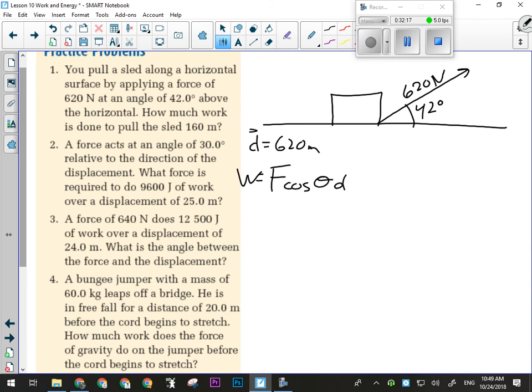So this is where that whole work equals F cos theta times d comes in. I know the force, I know the angle, and I know how far it's being pulled. So I can just plug in my numbers here and go 620 times the cos of 42 degrees. That'll get me the horizontal component. And then I multiply that by how far it's being pulled, 160 meters.